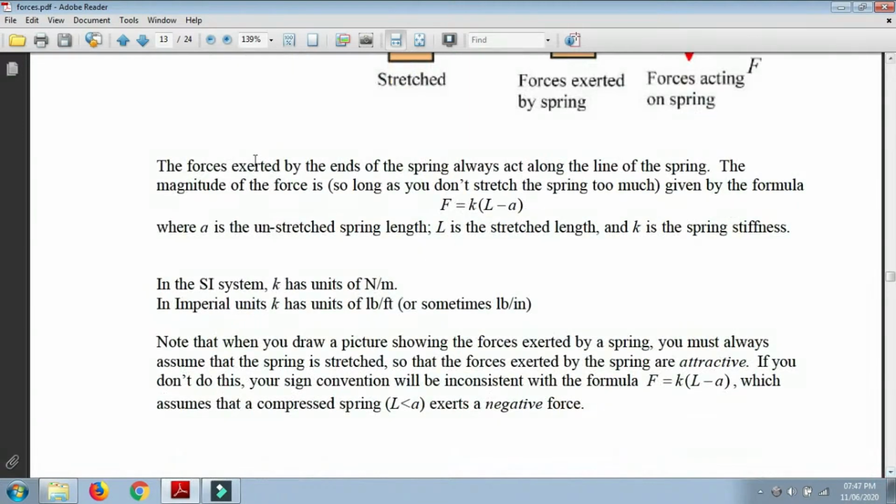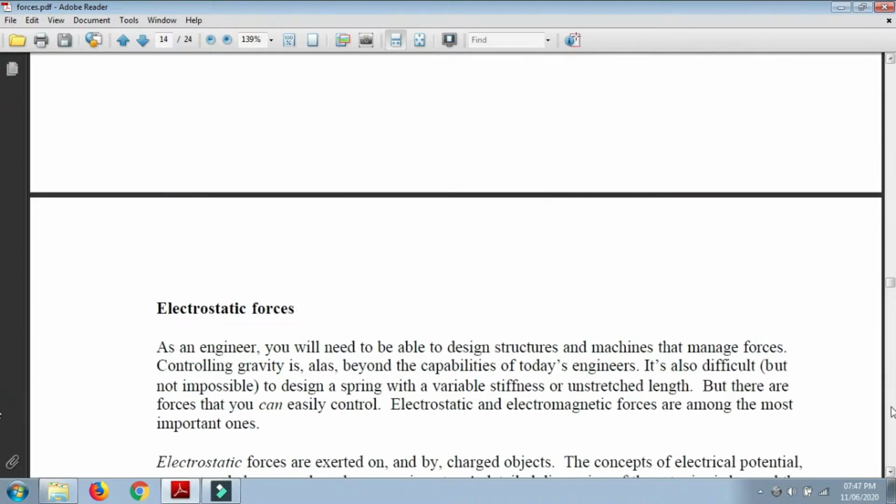The force exerted by the end of the spring always acts along the line of the spring, and it will be equal to F equals K into L minus A, and its unit will be Newton per meter or pound per feet. Electrostatic forces are very important for engineers.